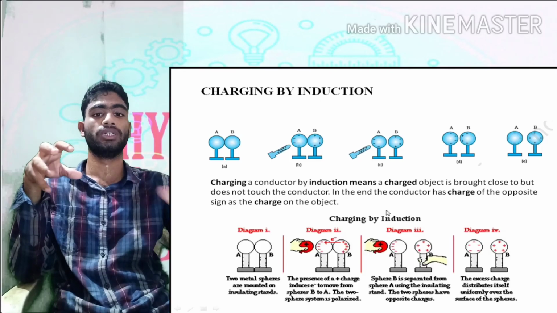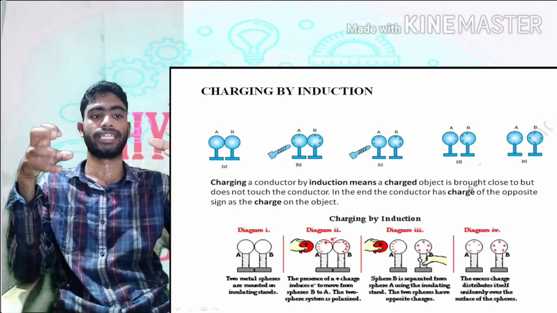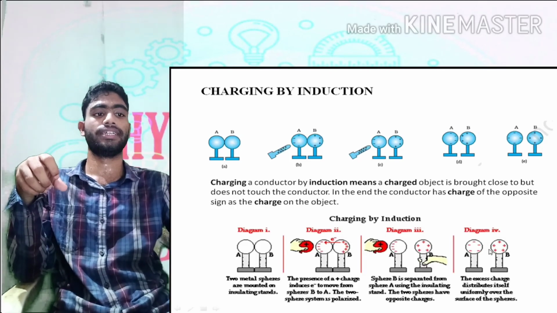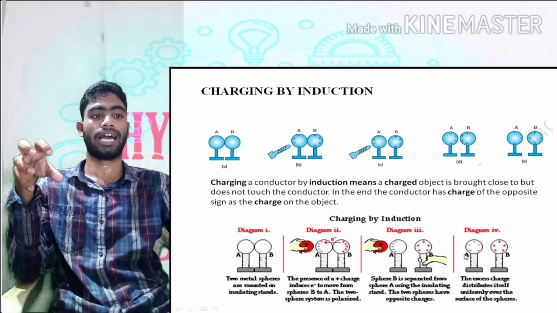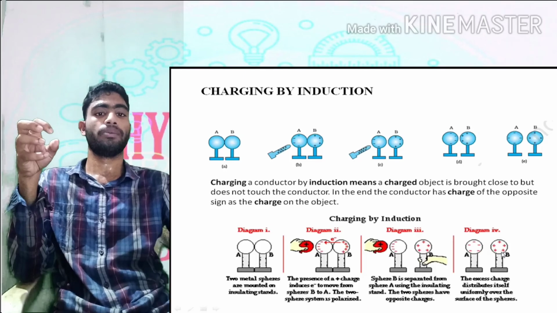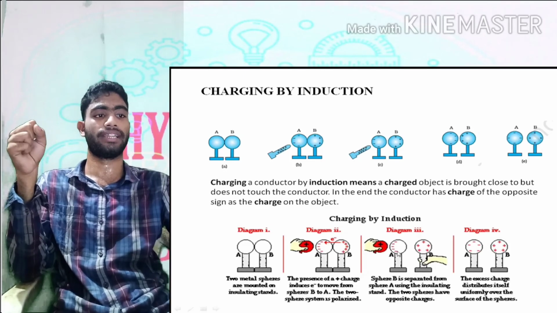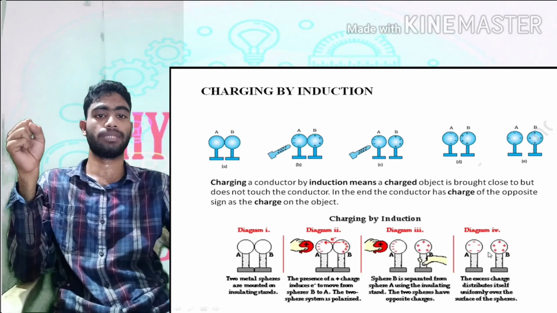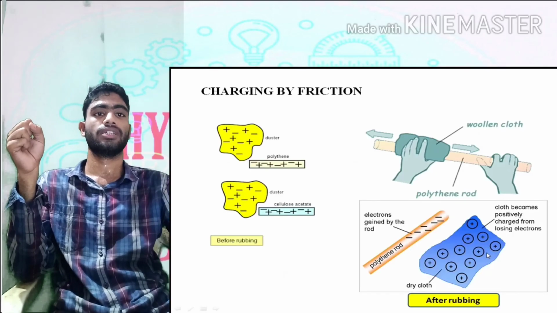So finally, when we separate these two bodies, they get charged. The object which is near to the charged body will acquire the opposite charge, and the object which is far from the charged body gets the same charge.